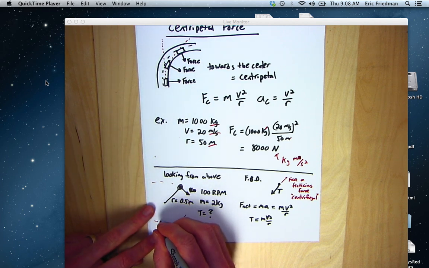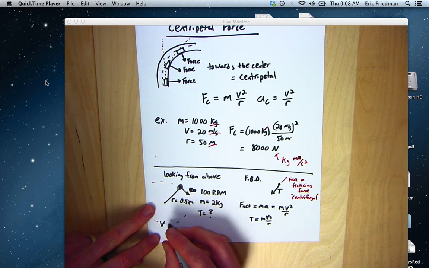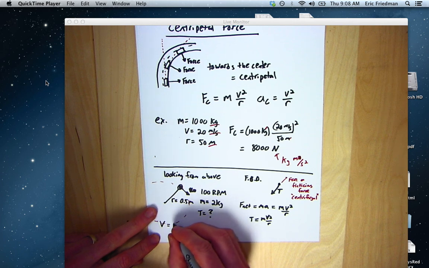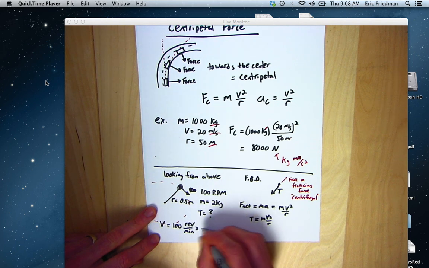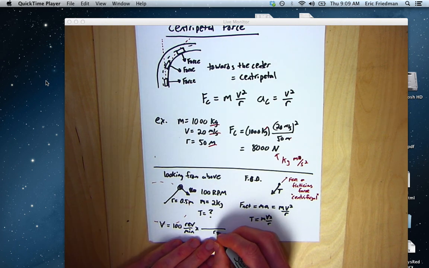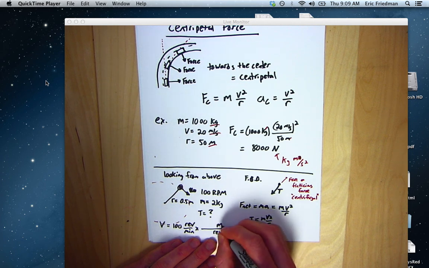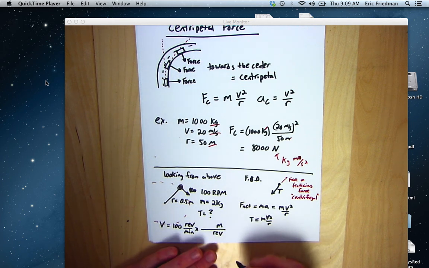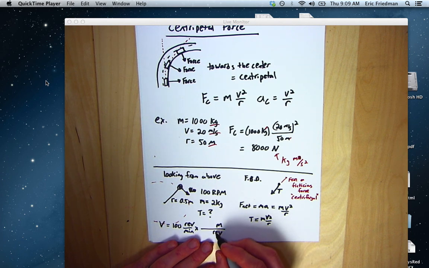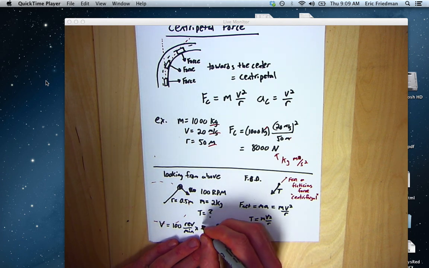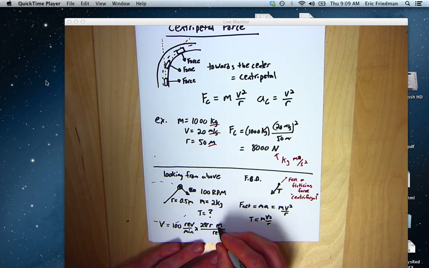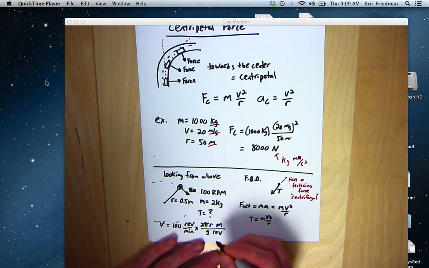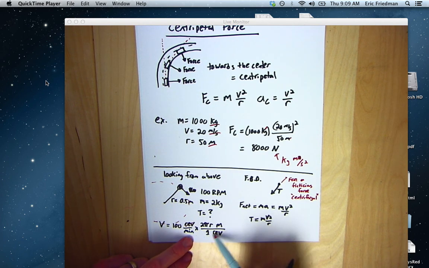If I want to find v, I can start out with 100 revolutions per minute, and I want to multiply by something that gets revolutions on the bottom and meters on the top. So how do I get how many meters are in one revolution? Well, that's just one circle, so that's going to be 2 pi r meters per one revolution. And that'll cancel out my revolution units.